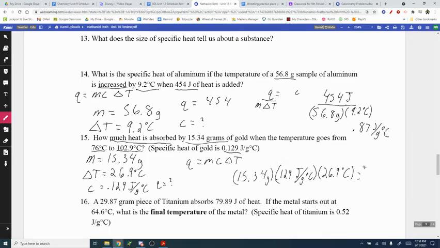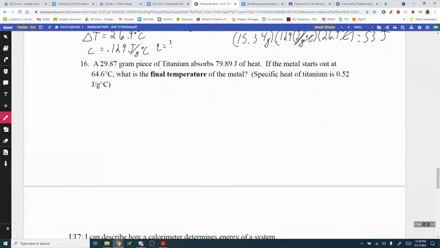And that gives us 53 joules. Because grams is right here, grams is on the bottom here, so that cancels out. Degrees Celsius right here, degrees Celsius on the bottom right here, so that cancels out. We're left with joules. And there we go.